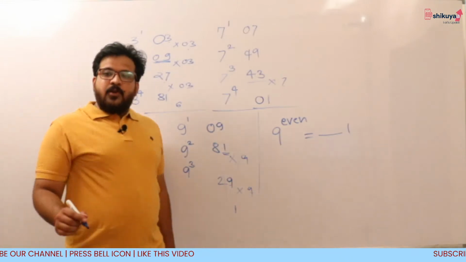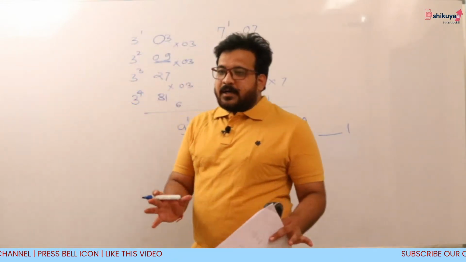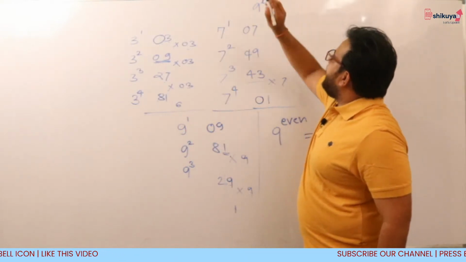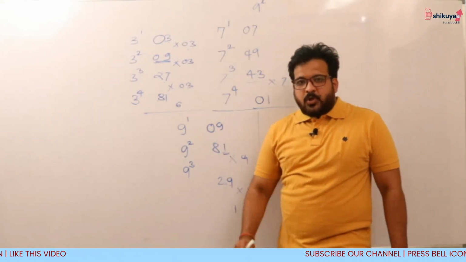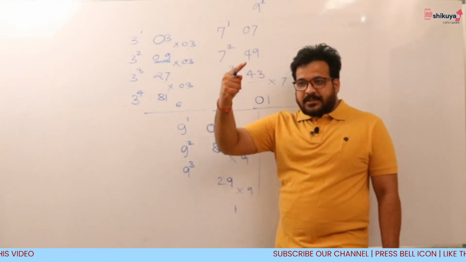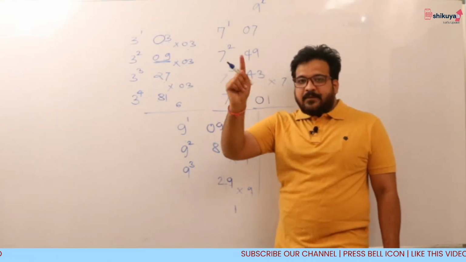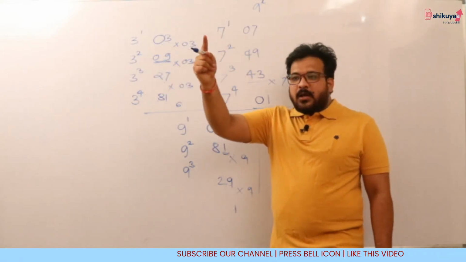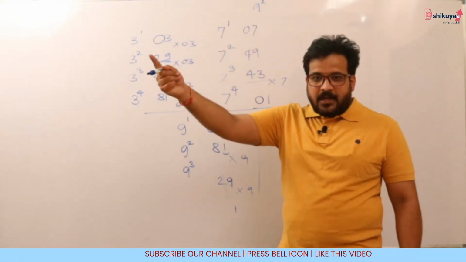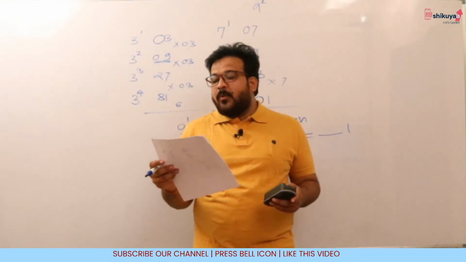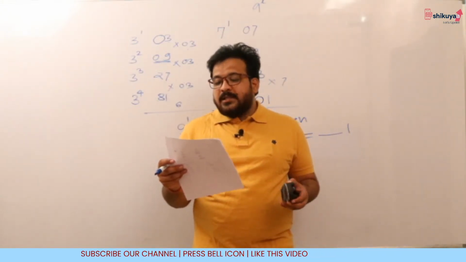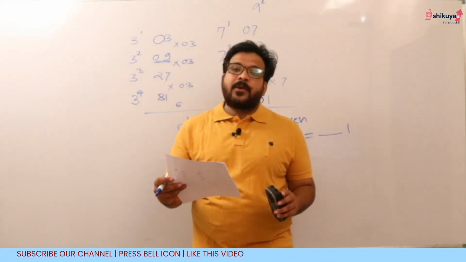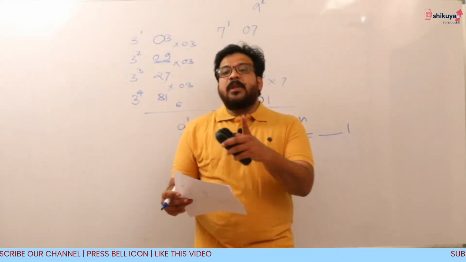So whenever you are dealing with such numbers as 9 raised to x, if that x is even, it will end in 1. If x is odd, it will end in 9. Am I right? Even if this problem had been 9 raised to 9081, the last digit would be 9.